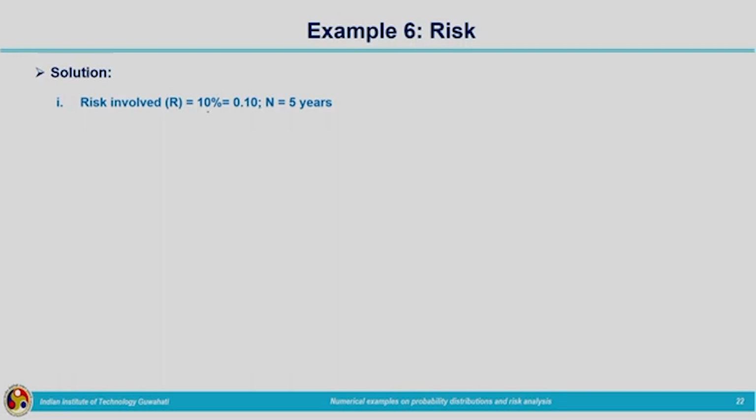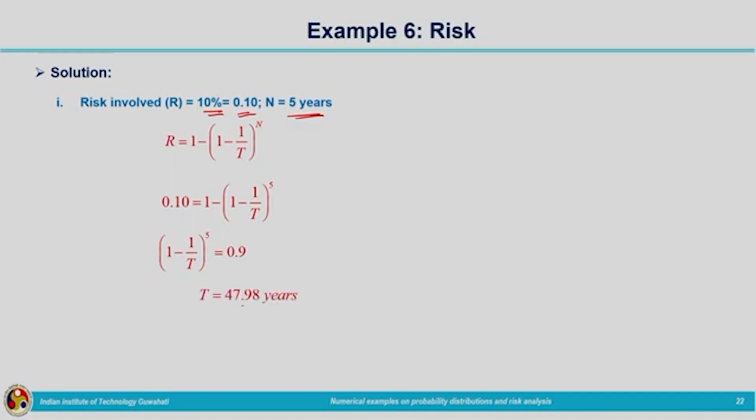Risk involved R is 10%, that is 0.1, and N is equal to 5 years. We substitute in the formula R is equal to 1 minus (1 minus 1 by T) to the power of N, and from this we can calculate the return period T as 47.98 years. As far as a culvert is concerned, this return period is very high.